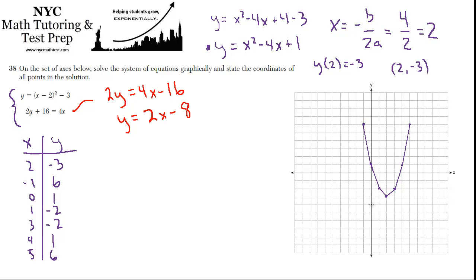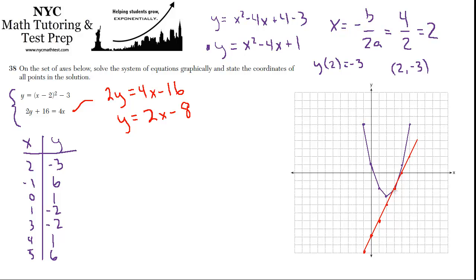1, 2, 3, 4, 5, 6, 7, 8. And it has a slope of 2, so it goes up 2 and over 1. So that's a point on the line, that's a point on the line, that's a point on the line, and so on. So let's connect these. There you go, that's the line.